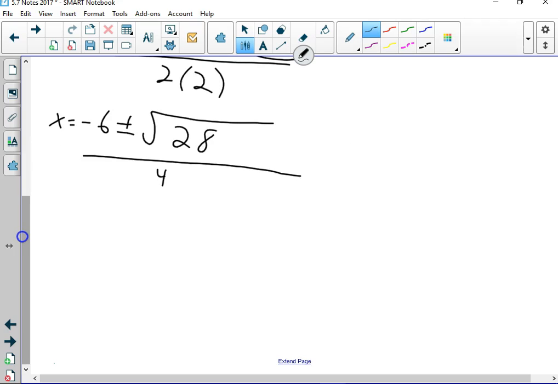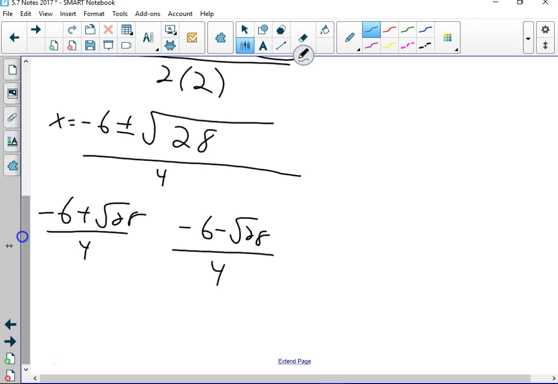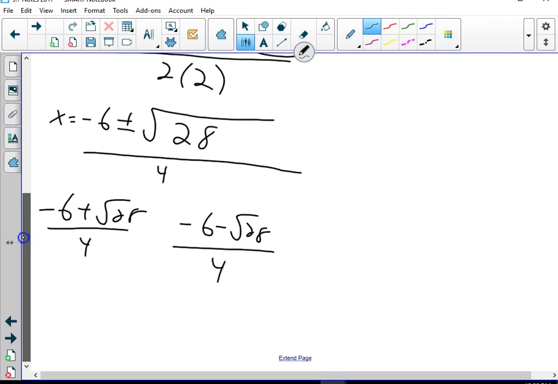So, again, we just type this in our calculator. Negative 6 plus square root 28, all divided by 4. Negative 6 minus square root 28, divided by 4. Crunch those numbers. So, negative 6 plus radical 28, divided by 4. You should have got negative 0.18.